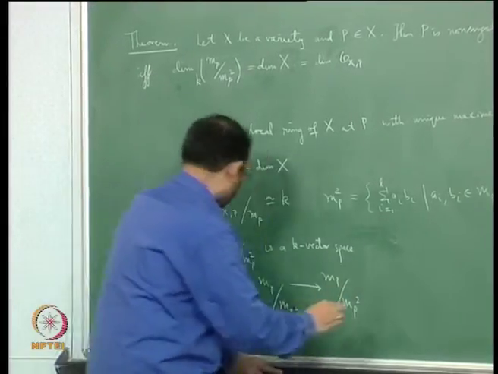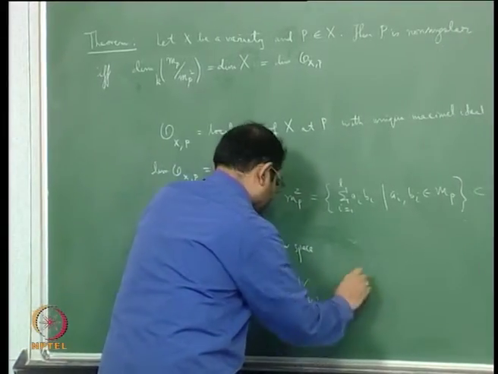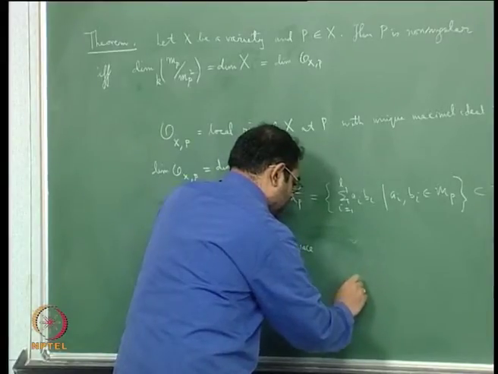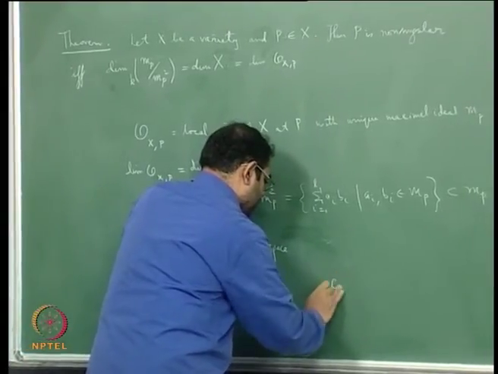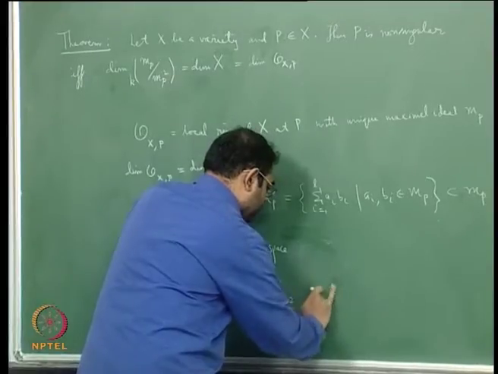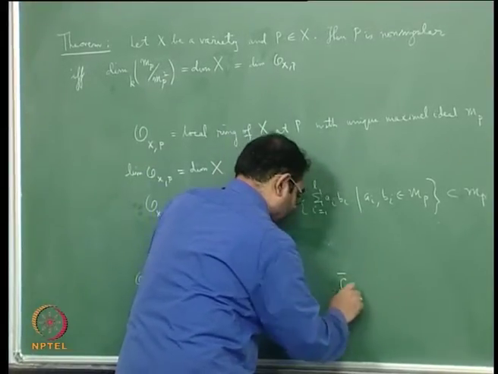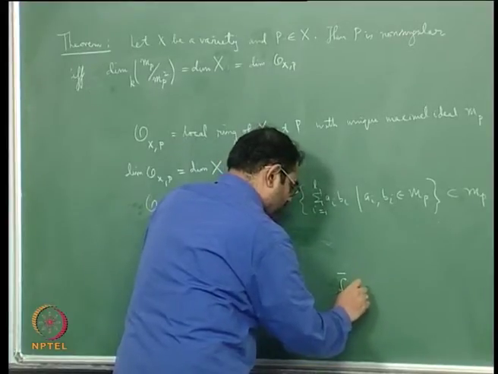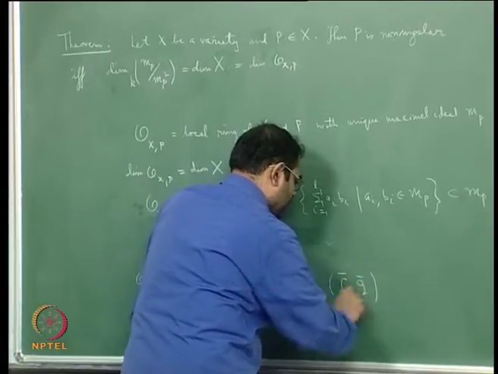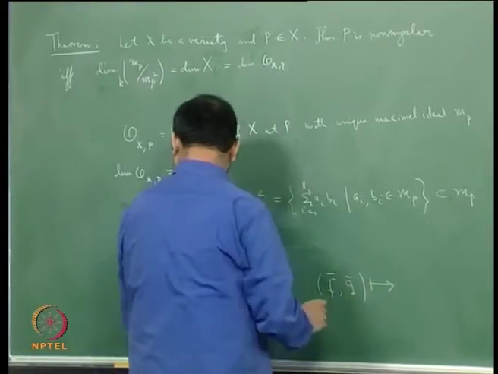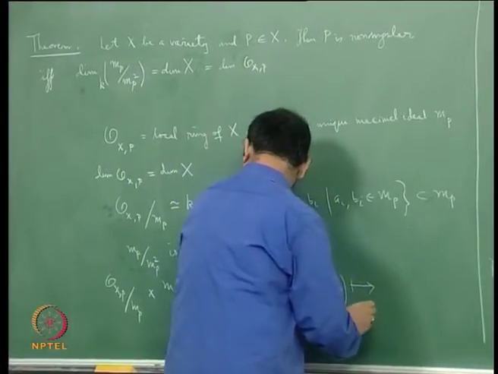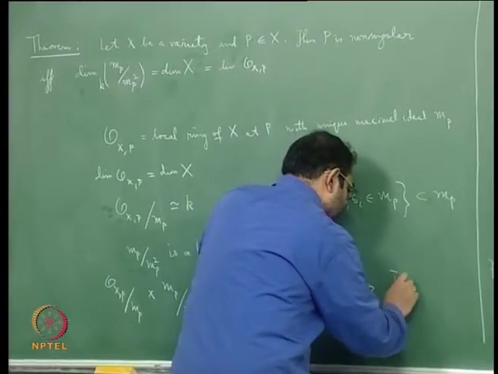By simply F, so F bar, comma, G bar going to F bar G bar.